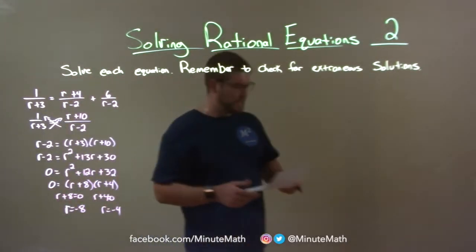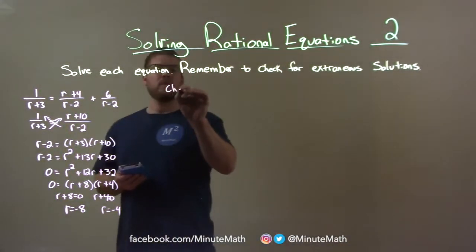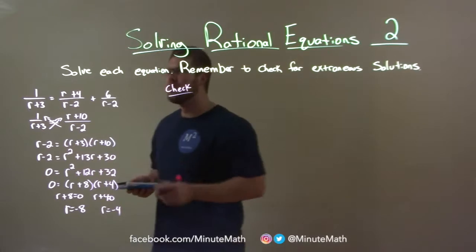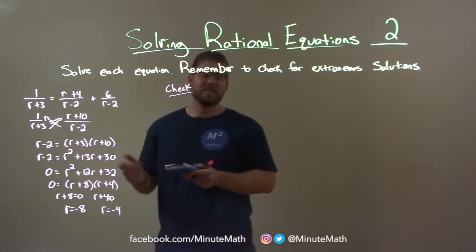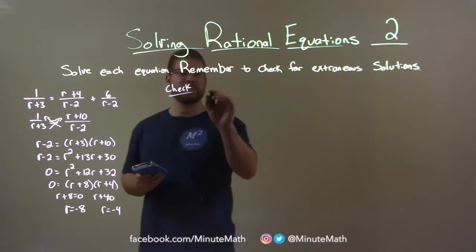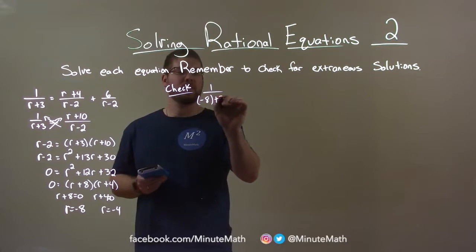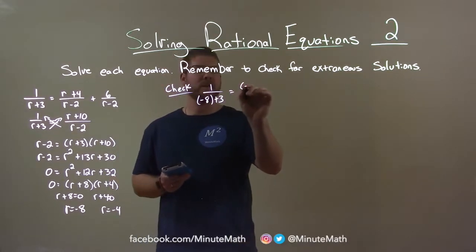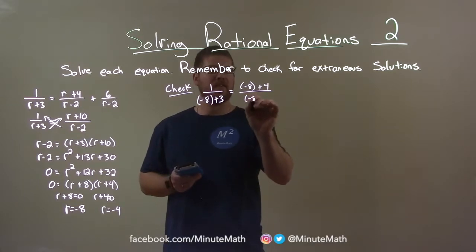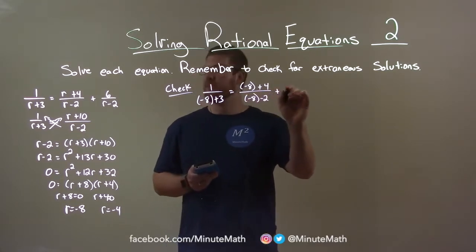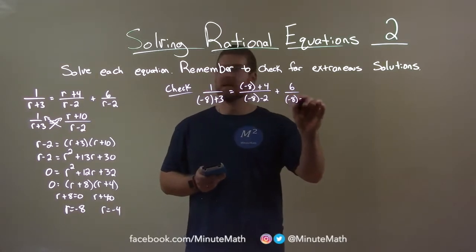Now they tell us we need to check for extraneous solutions. So to do that, what we want to do is take our original equation and plug in each corresponding value for the variable and see if the left and right hand side are equal. So let's do negative 8 first. 1 over negative 8 plus 3 equals negative 8 plus 4 over negative 8 minus 2 plus 6 over negative 8 minus 2.